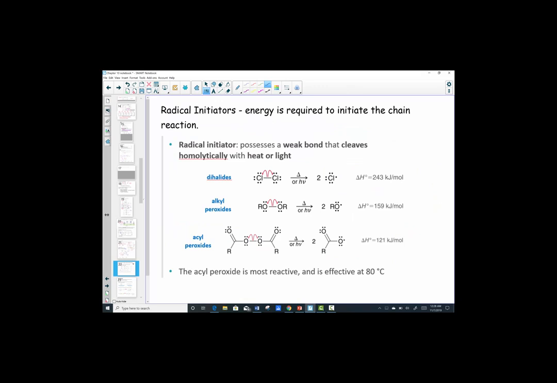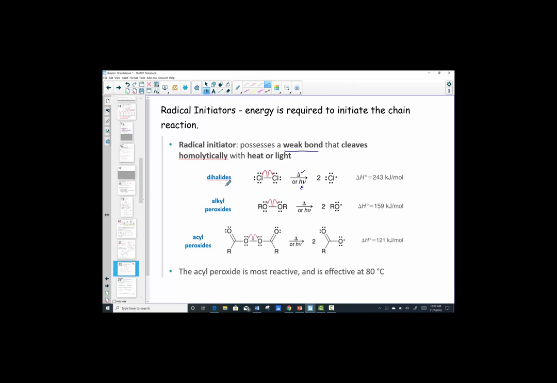These radical initiators require energy to initiate that chain reaction. And so typically, you're looking for these initiations to have weak bonds that cleave homolytically rather easily with heat or light. Of course, we see the triangle on the arrow for heat, and h nu, that's the energy of a photon.